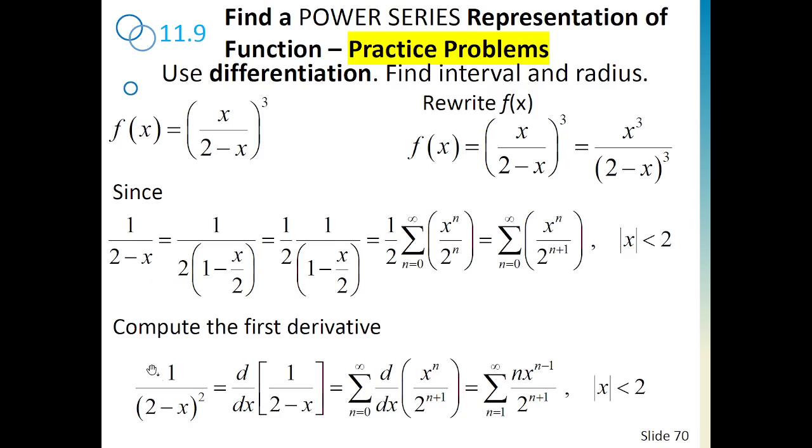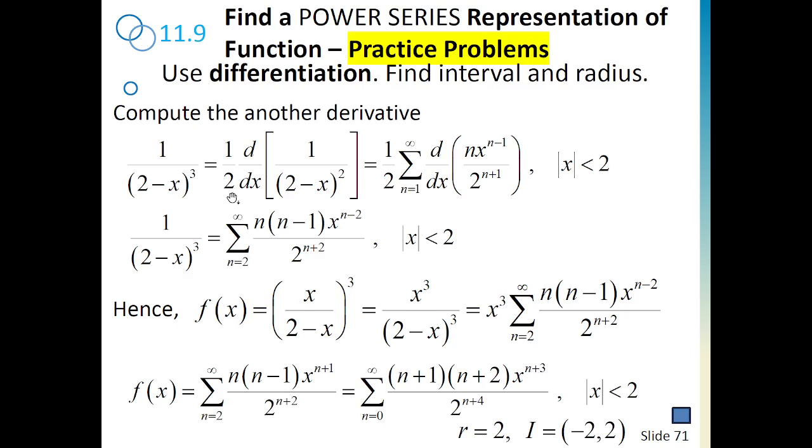Now if I differentiate this, I get here with the square. So I differentiate the left side. n goes down. We start from n equal 1. And if I differentiate this, I'll see what I get. I'll need to differentiate this part also. Right? So if I differentiate this part, I'll have 2 upstairs, so I divide by 2 also.